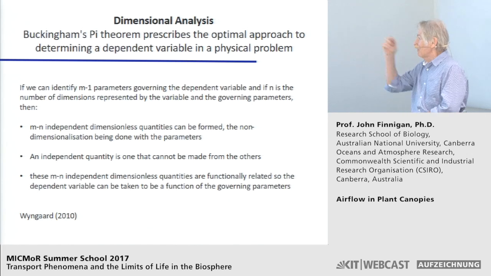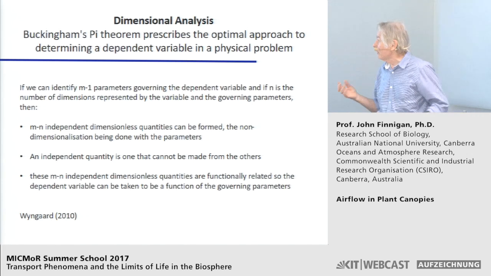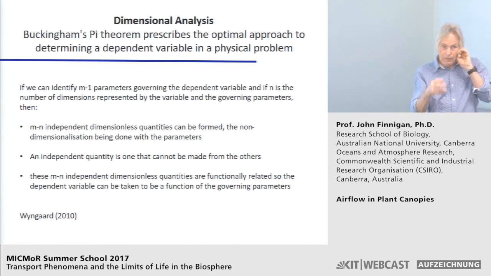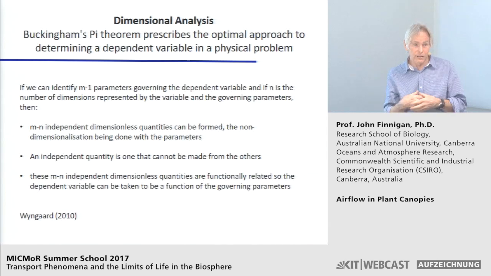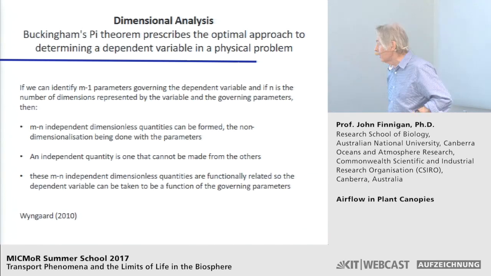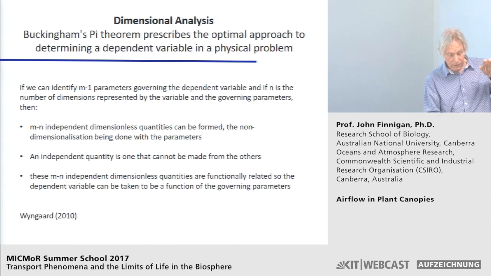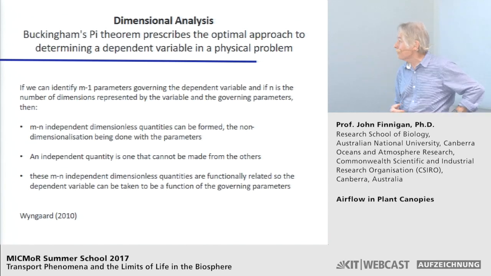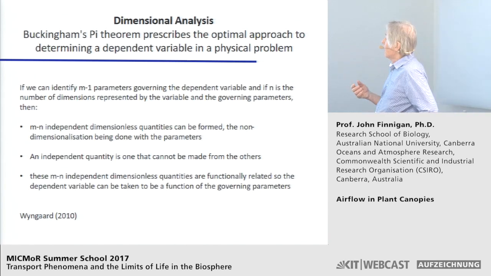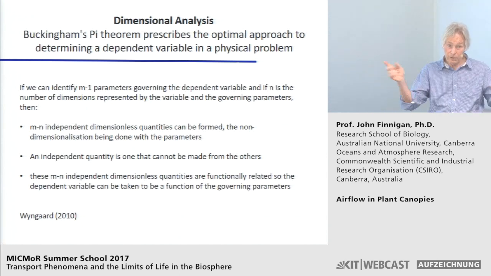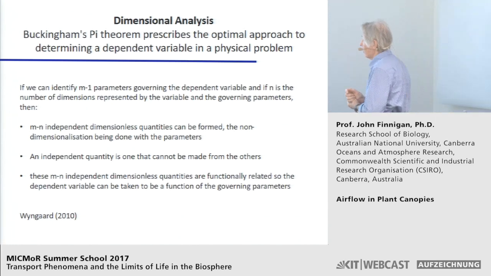It looks like gobbledygook, but if you can identify m-1 parameters governing, let's say you've got the dependent variable you're interested in. It might be rate of cavitation in plants, it might be the heat flux from the surface, it might be the velocity gradient. And you can identify the m-1 parameters that govern that, and I give you a list for the mixed layer.